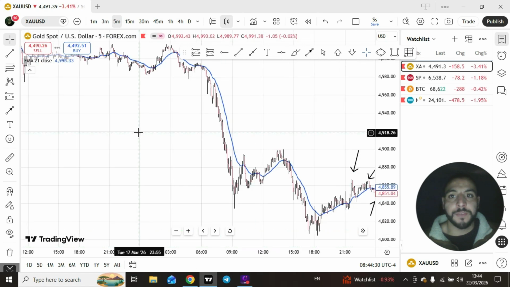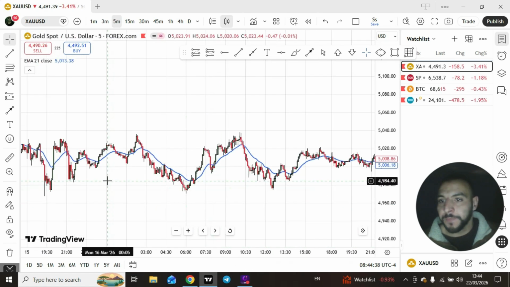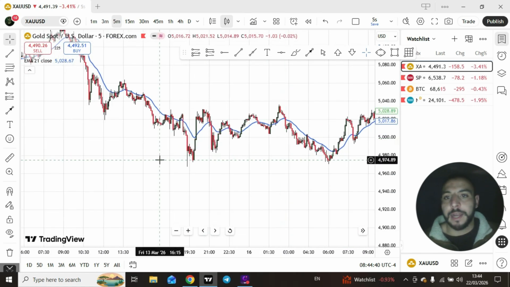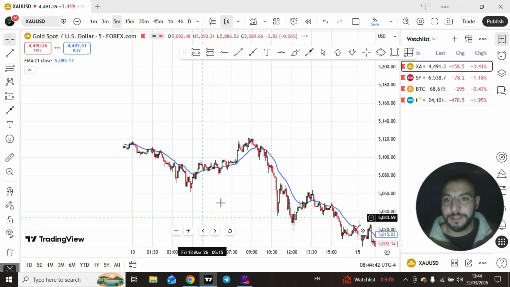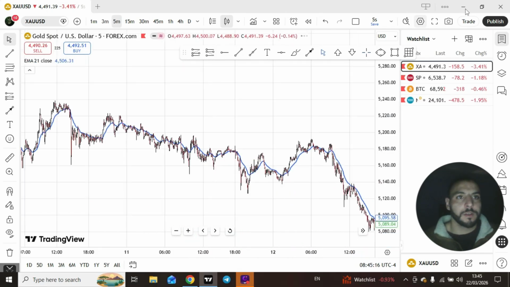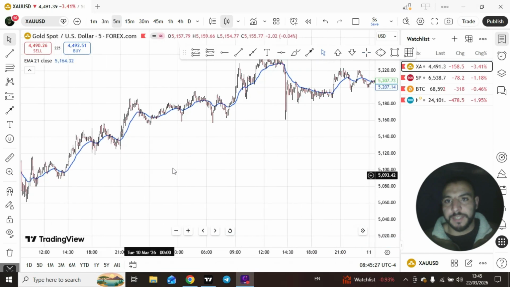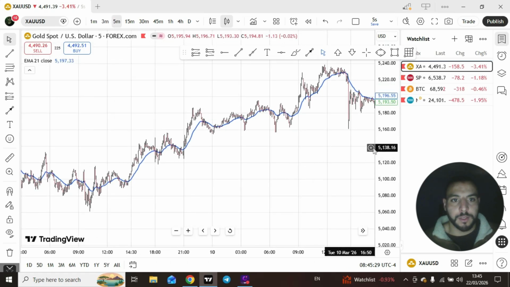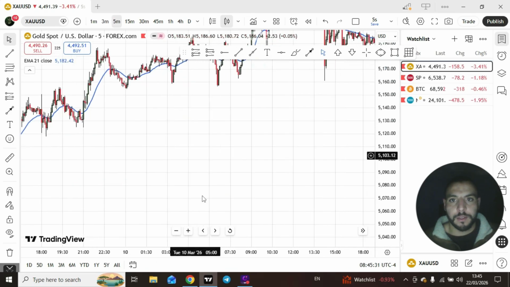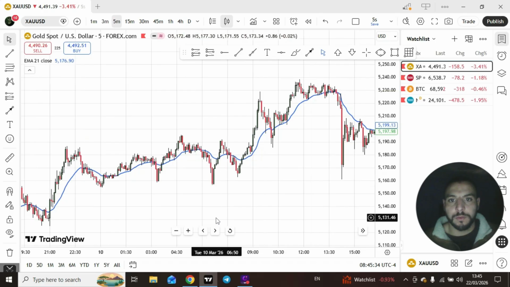And how to identify an uptrend? The market is gonna be making higher highs, higher lows, higher highs, higher lows. Okay, this is an uptrend. This is a good uptrend. Let me spot it for you.